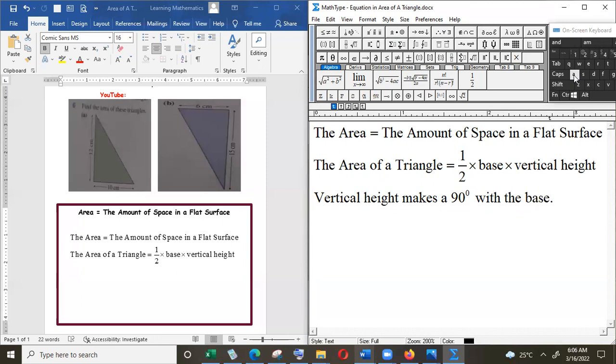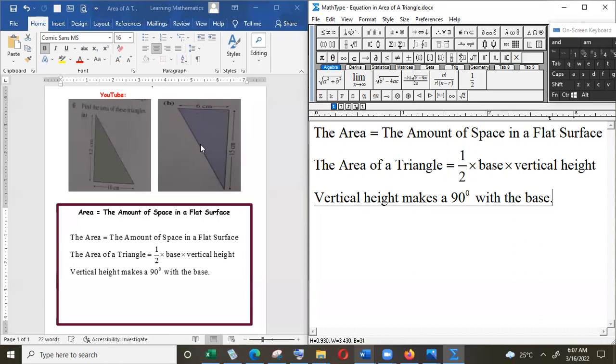So that's very important. The vertical height makes a 90 degrees with the base. If you take a look at the triangle, between the height and the base, there's a 90 degrees, a square corner. Also between the 15, the height, and the base, there's a 90 degrees, a square corner.